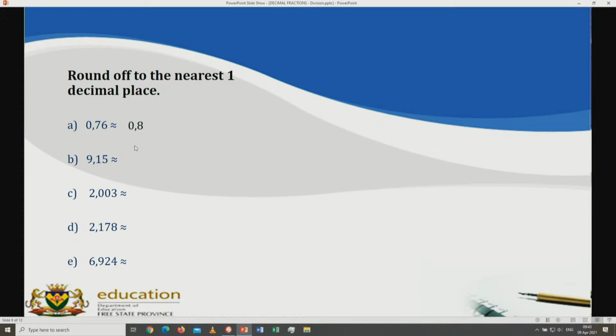Clear? Now, 5 again, it means to us we are rounding off up. What does it mean? It means now we are getting to 2. So we are going to have what? 9.2. But this 0, it says remain where you are. Where are we? 2.0. Or it could be 2.